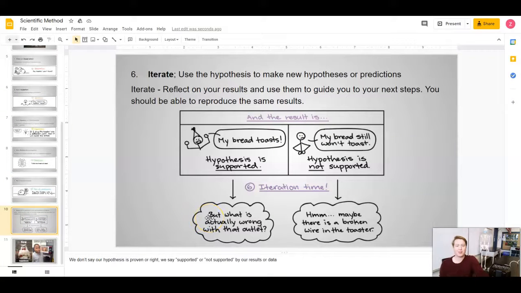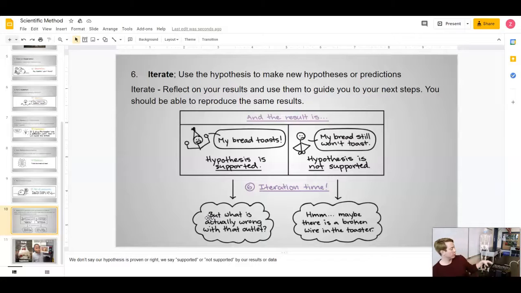So now that we have done our experiment, we're going to use our results and our hypothesis to make new hypotheses or predictions. And we're going to iterate. So in iterating, you are reflecting on your results and you're using them to guide you to your next steps. And remember, you should be able to reproduce your results in this experiment.